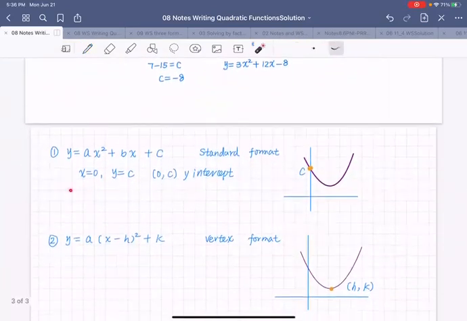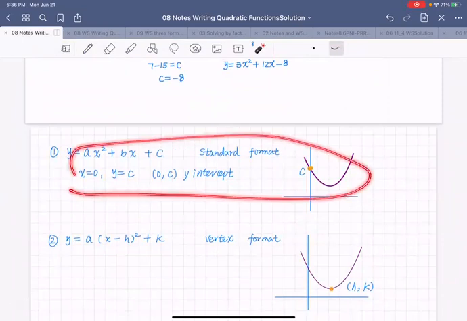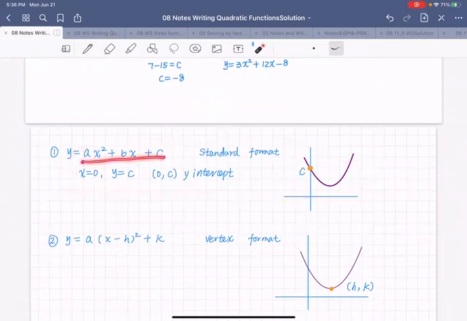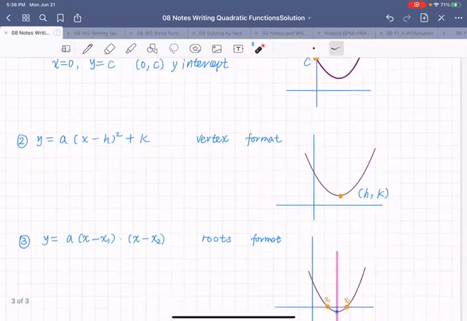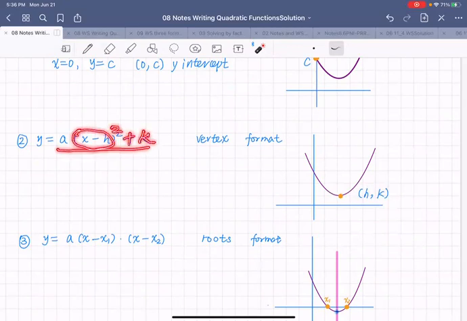So here I summarize this again, okay? This is standard format. When you plug in x equals 0, y equals c. So (0, c) is the y-intercept. If you write down this format, the vertex is (h, k). The vertex form will be a times (x minus h) squared plus k.